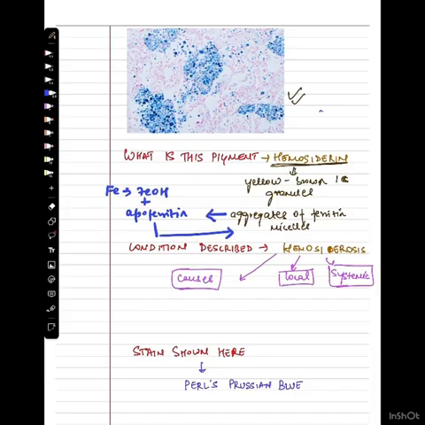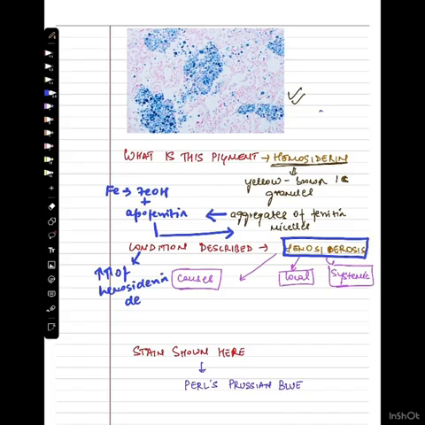The condition that is described here is called hemosiderosis. Hemosiderosis has causes which are local as well as systemic. What is hemosiderosis? Hemosiderosis is nothing but excess hemosiderin deposition.